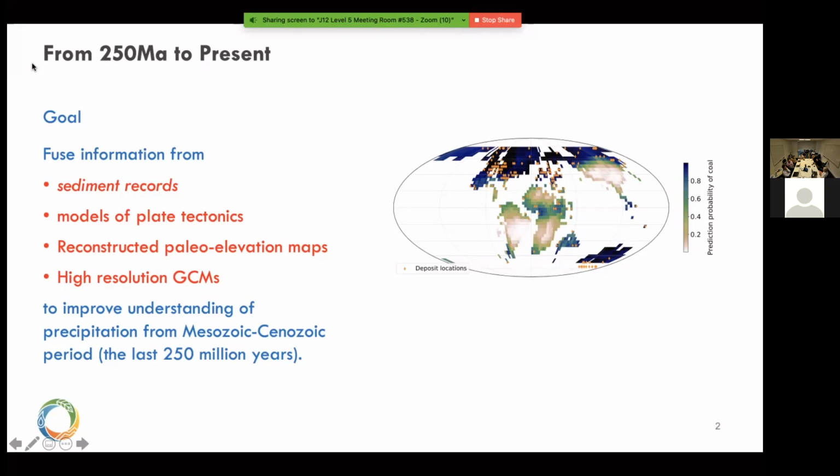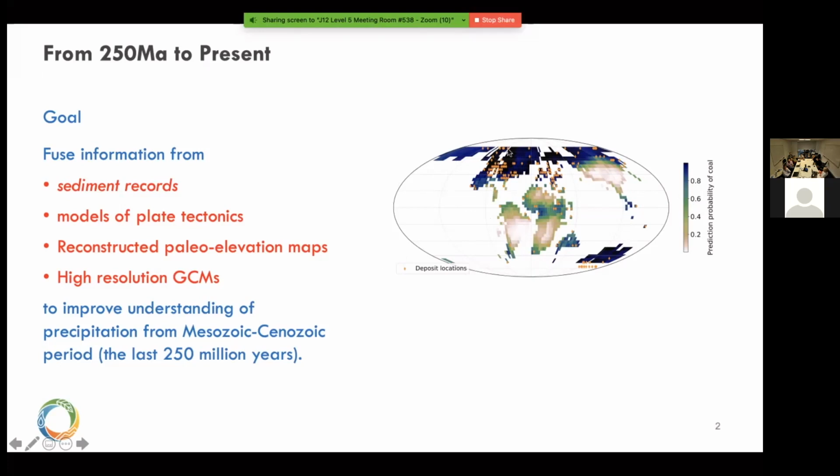The sediment records have three different types of sediments that they've recorded, along with the age of those things. The first type is coal, and what you see here is an example from 14 million years ago. This is the probability of coal being found anywhere, which is one of the outputs of the work that we did.